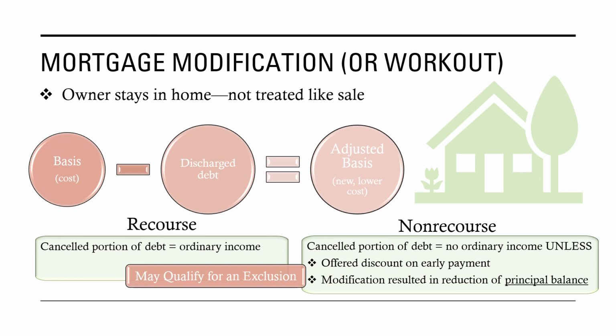And then also a modification that resulted in the reduction of the principal balance, the loan principal amount, that's also going to possibly result in ordinary income. Again, with those two caveats, that's unless our taxpayer qualifies for the exclusion.